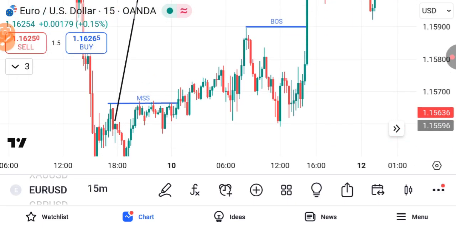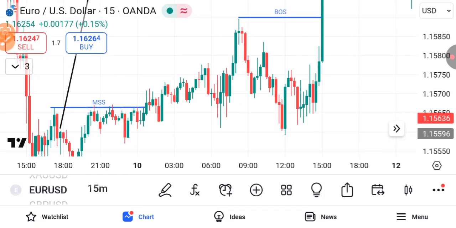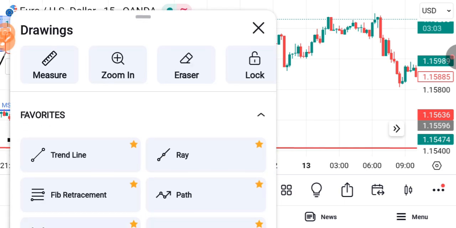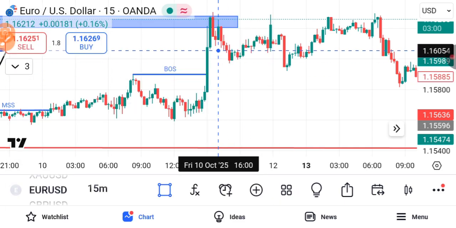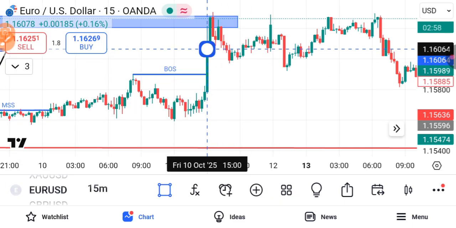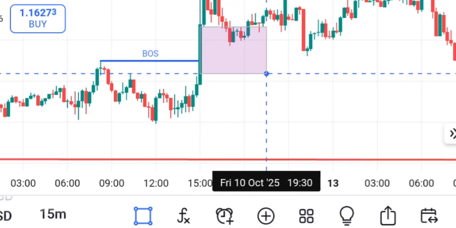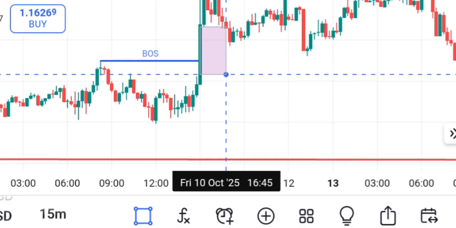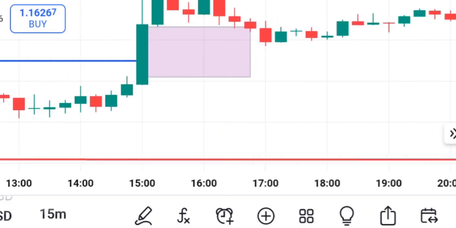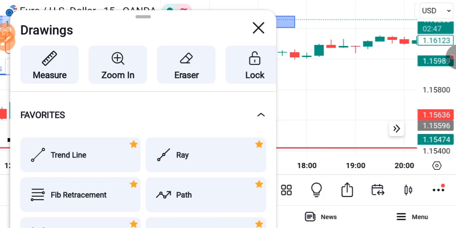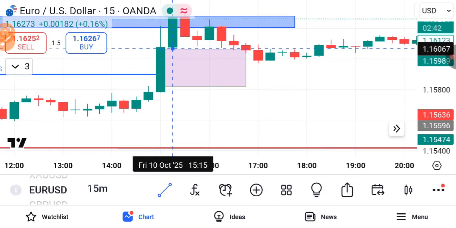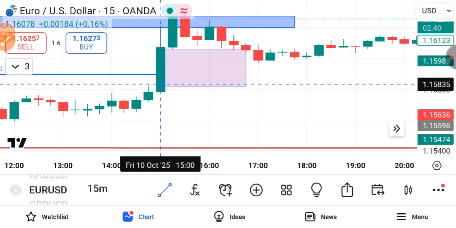Let me check if I can see another fair value gap. There are many fair value gaps everywhere. As you can see, right at this place, this is another big fair value gap, from this place down to this place. What I want to show you is that this is a candlestick that has a wick, and this is another candlestick that has a wick.